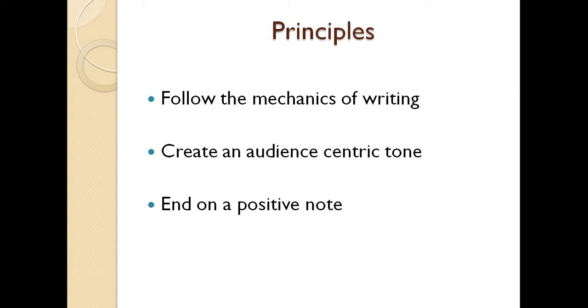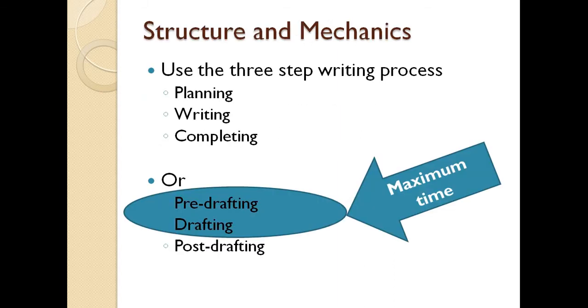And now let's come to the mechanics of writing. Use the three-step writing process: planning, writing, completing, or in other words, we say pre-drafting stage, drafting stage, and the post-drafting stage.